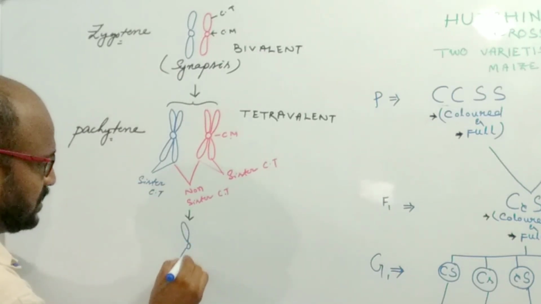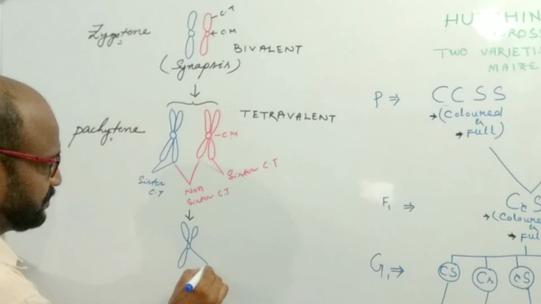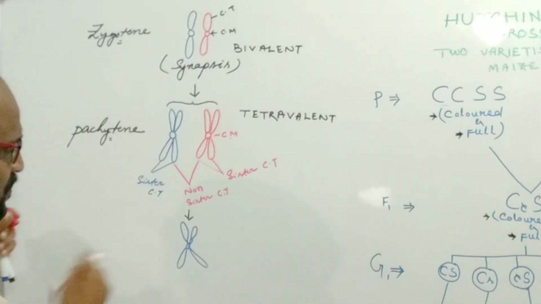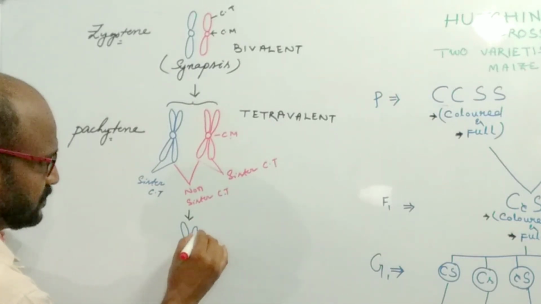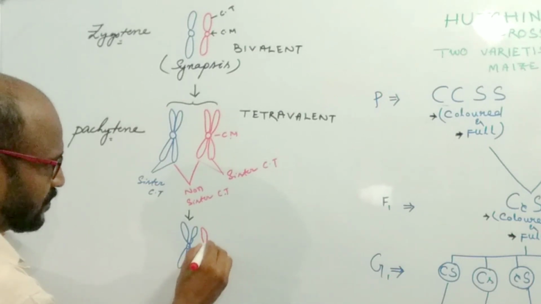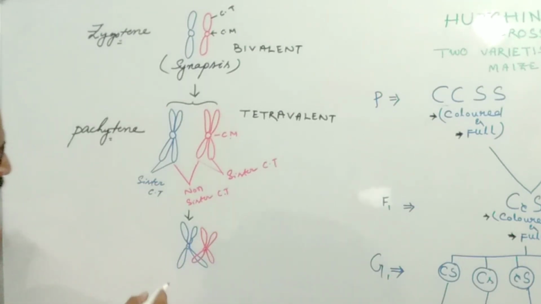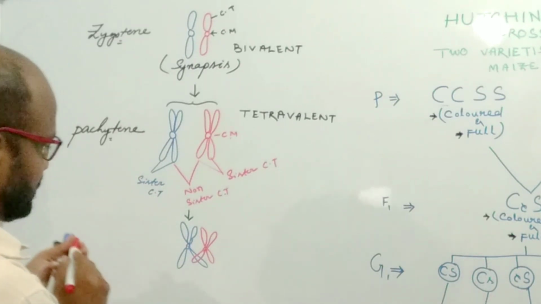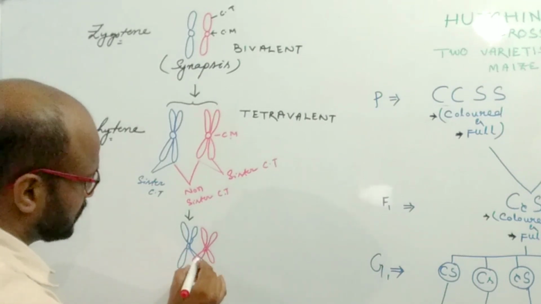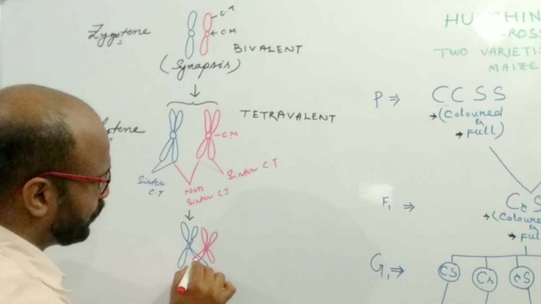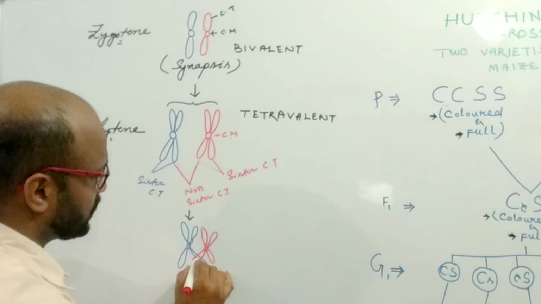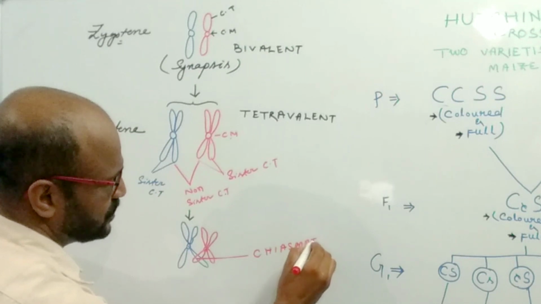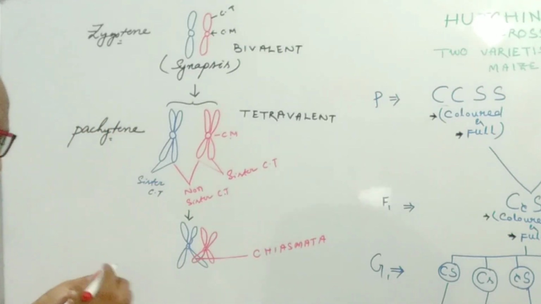Suppose that this is the chromatid which twists with the red chromosome, and the point of contact of the overlapped non-sister chromatids is known as the chiasmata.